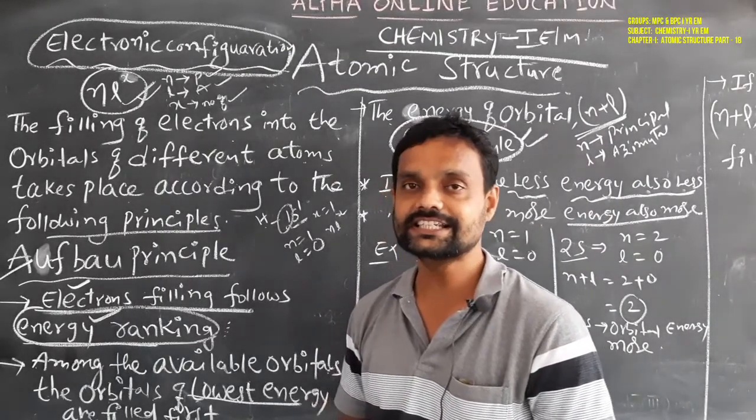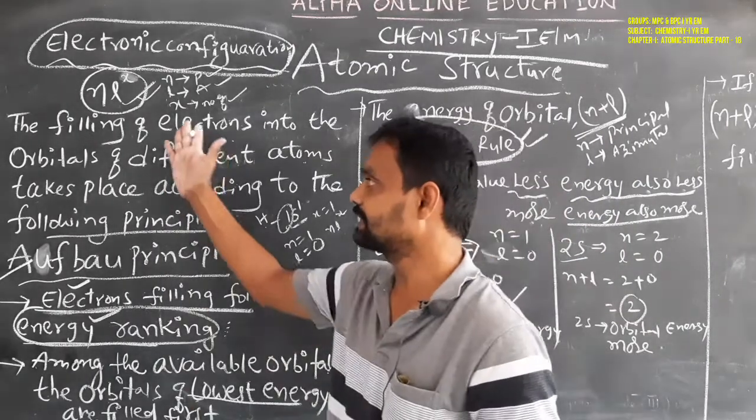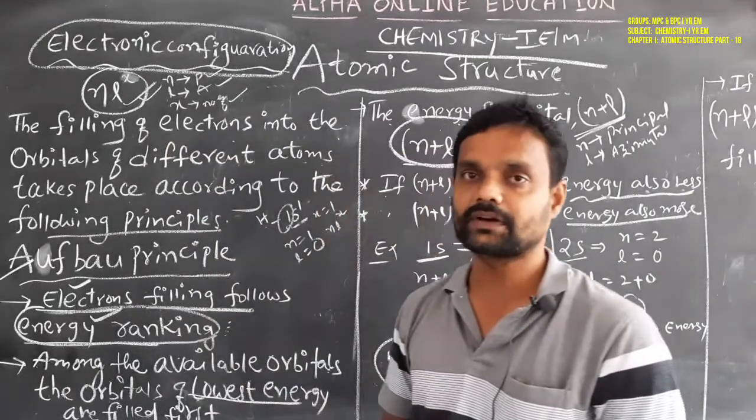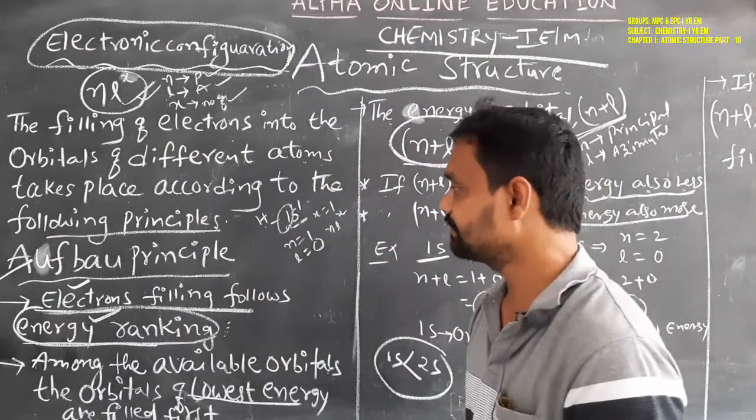By using these three principles, the electrons fill into the different orbitals. Here we discuss them one by one.